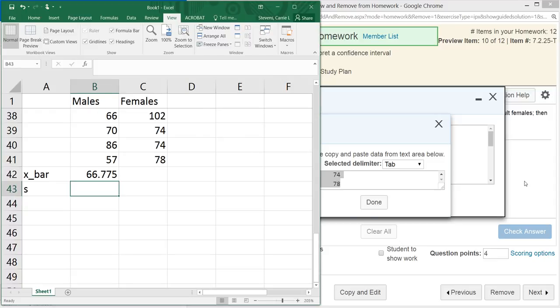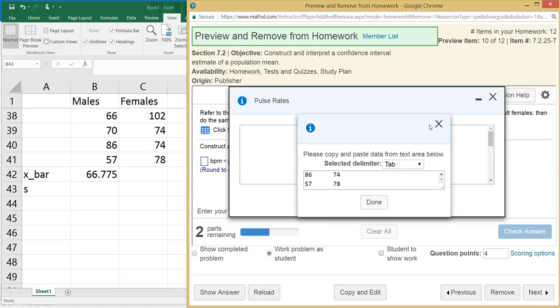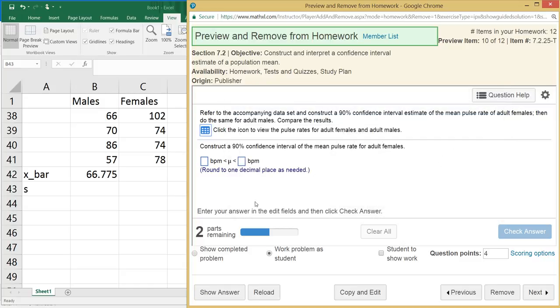Let me go over here real quick and just introduce the problem a little bit better so that at least we have some sort of context here. It says refer to the accompanying data set and construct a 90% confidence interval estimate of the mean pulse rate of adult females.